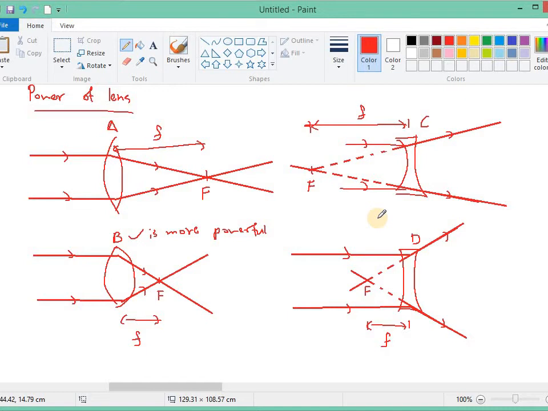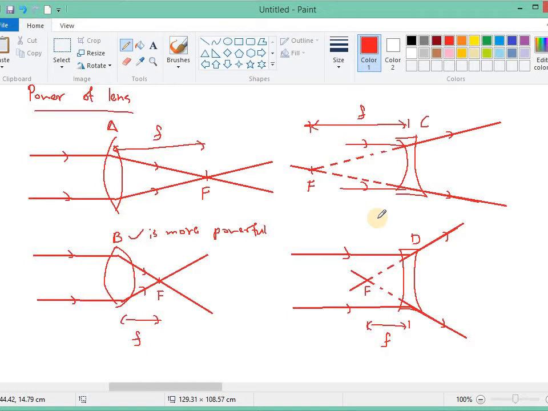So D is more powerful than C. Same thing also, the focal length of a less powerful lens is longer than a more powerful lens. If the lens is powerful, then the focal length will be short.